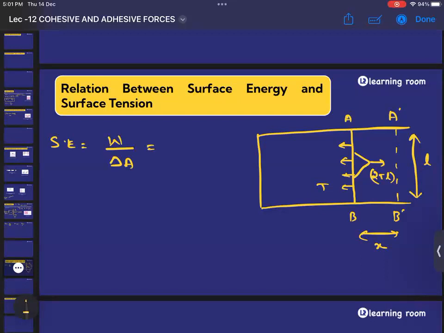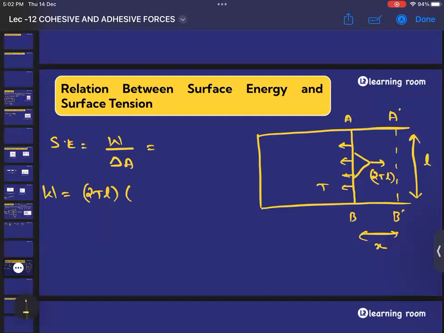So for me to calculate work done, what is the formula I'm going to use? Work done is equal to force into displacement. So what is the force with which we are actually pulling the thread? I wrote it there. 2TL, sir. Yes. So force is 2TL, into what is the displacement caused by that force?